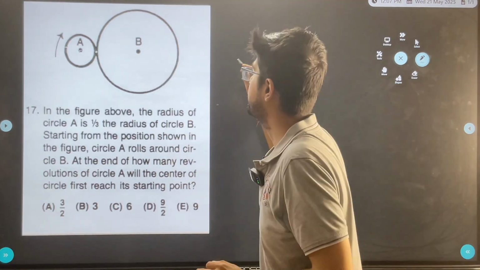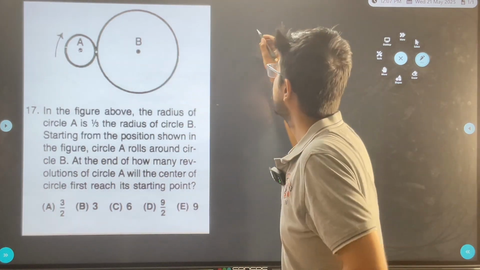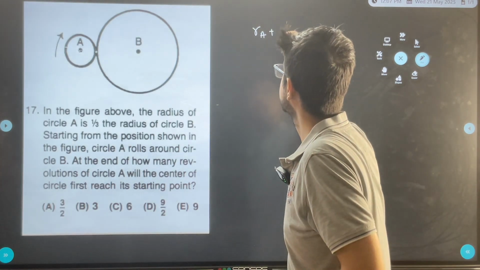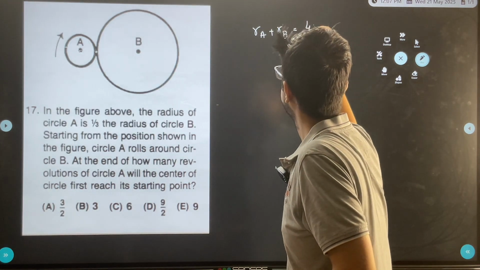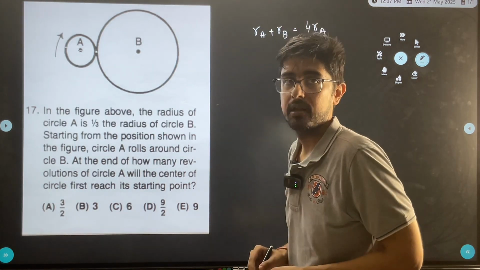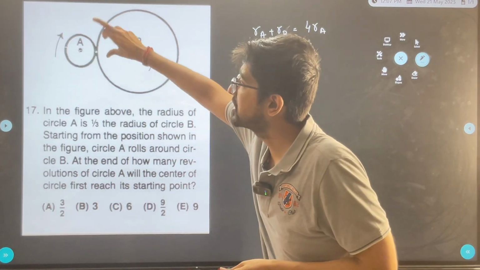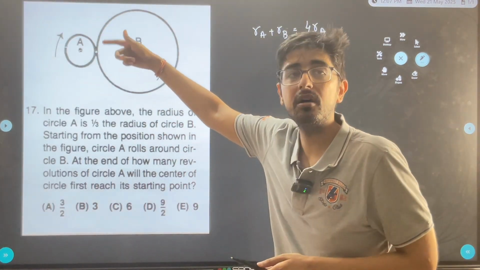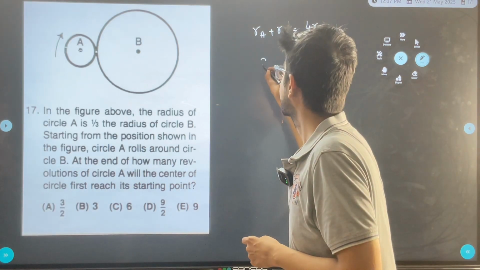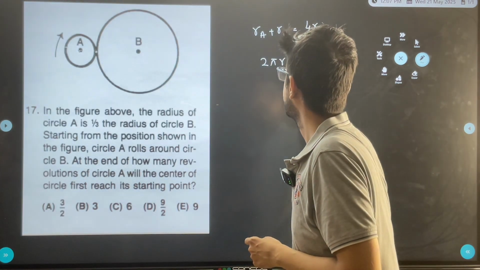From the center of B, the center of A is at a distance of RA plus RB, which is 4 times RA. Now for every rotation that the disk A makes, it completes 2 pi into RA.